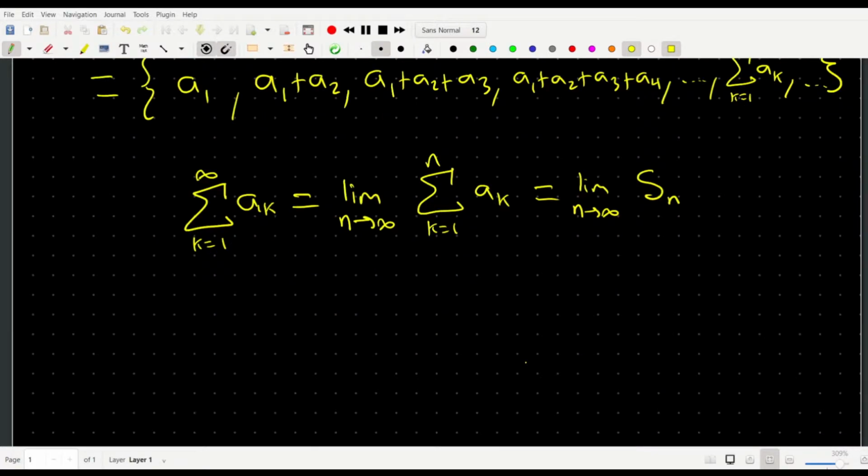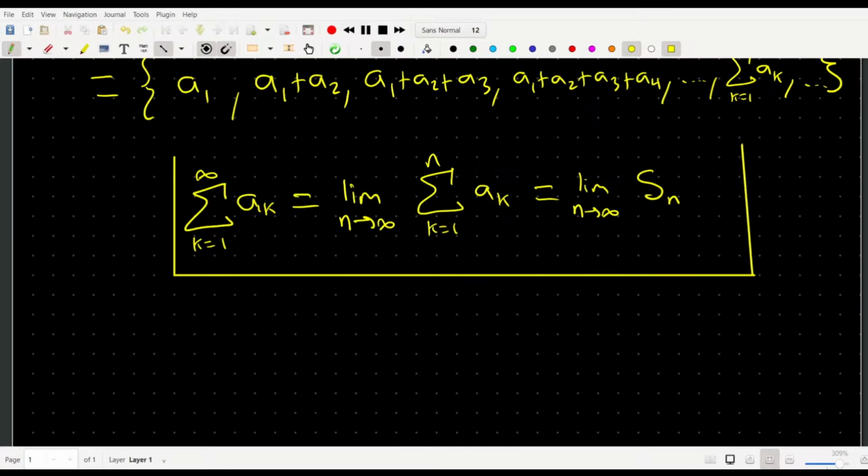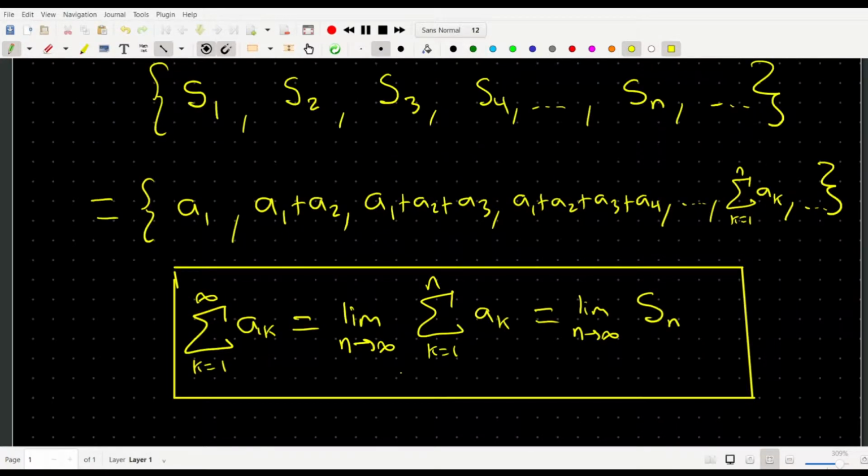And this really is at the heart of how we define what it means for a given infinite series to converge or diverge.